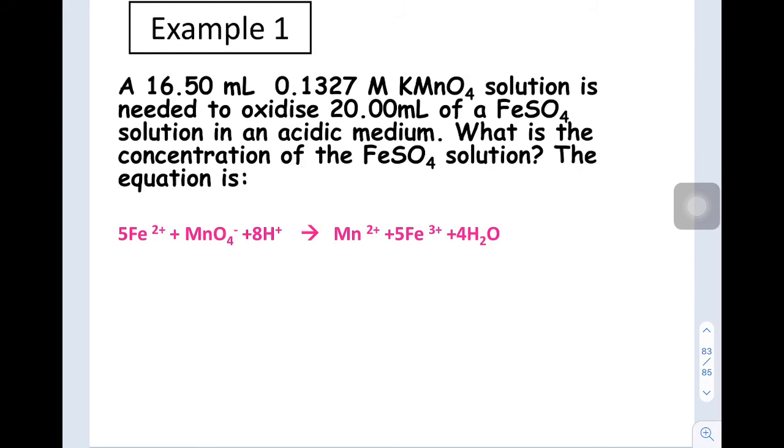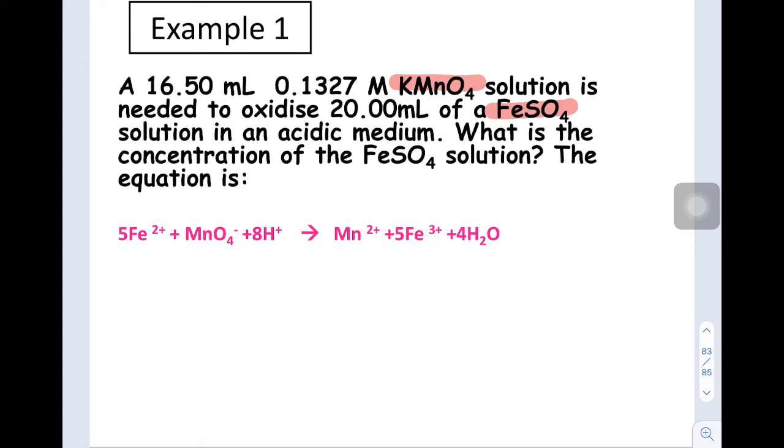This is an example of a redox reaction. As usual, when we get a question, we have to read it and identify whether this is a dilution or reaction process. Since we have KMnO4 oxidizing iron sulfate, we know that this is a reaction.